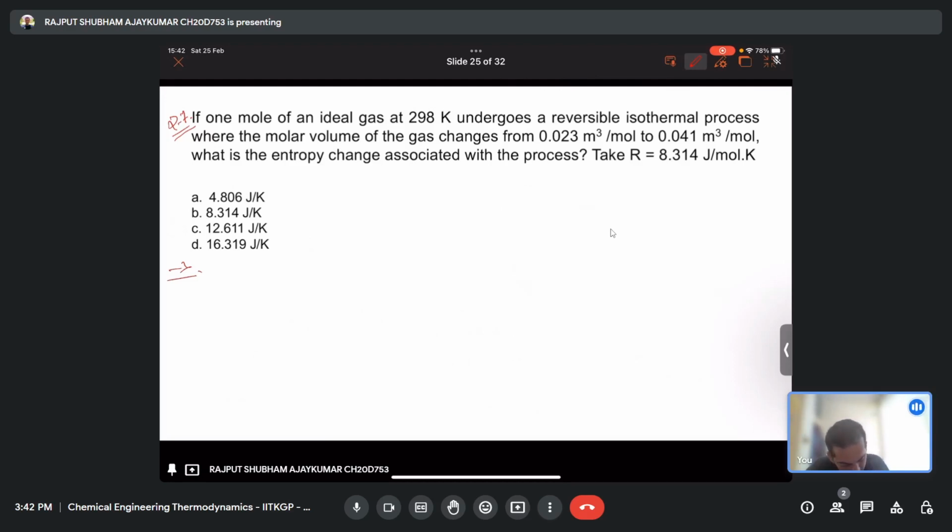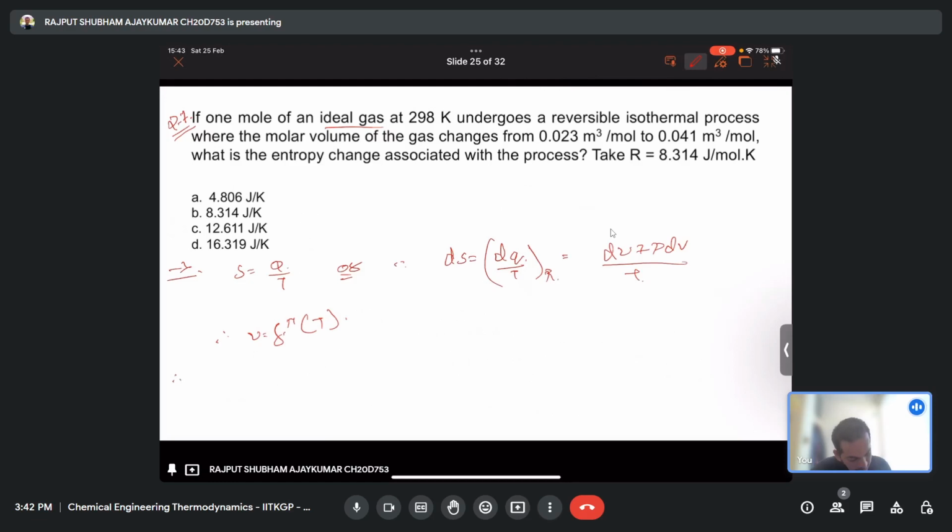So we know that entropy S equal to Q by T, or I can write dS equal to dQ by T. dQ is equal to dU plus P dV, divided by T. Now for an ideal gas, the internal energy U is a function of temperature only. This is what we have solved in one of the MCQs in the previous weeks.